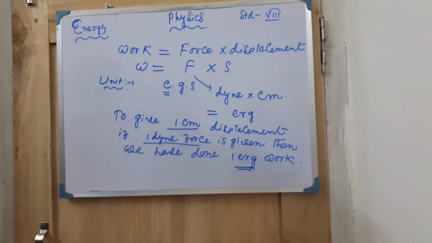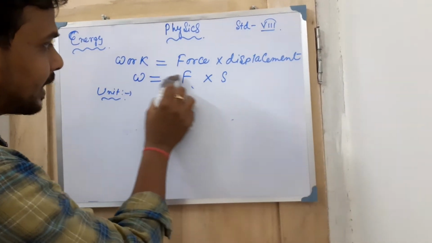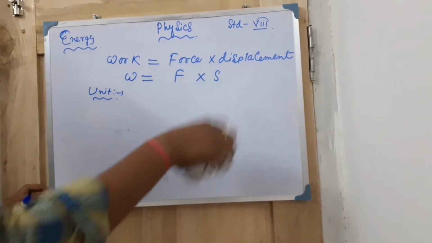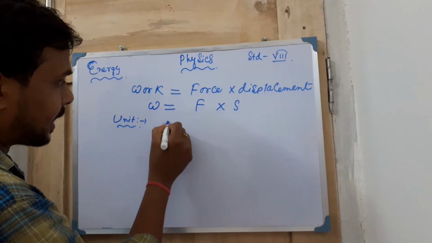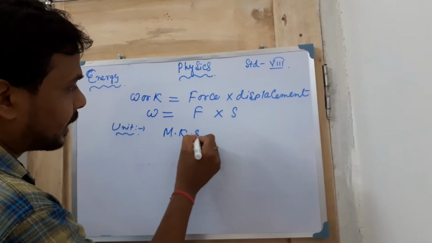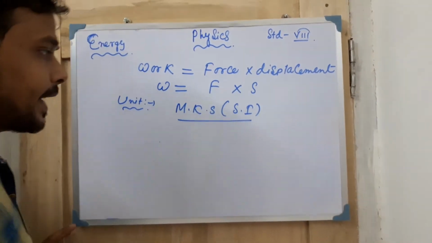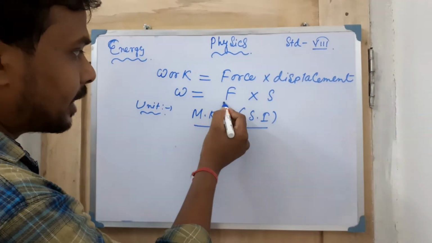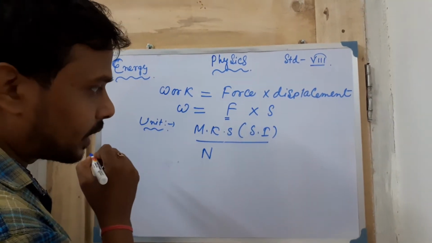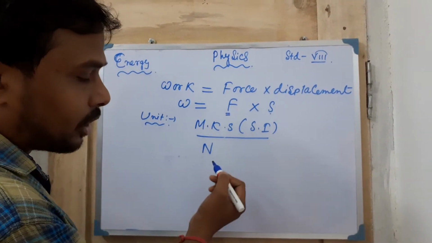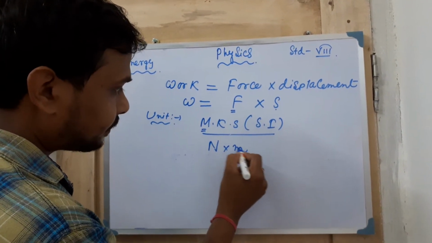Now come to the next one, the MKS system. In the MKS system, same formula, same everything, but there will be slight changes. The MKS system is also the SI system. In the MKS system, the unit of force is Newton, and the unit of displacement is meter.